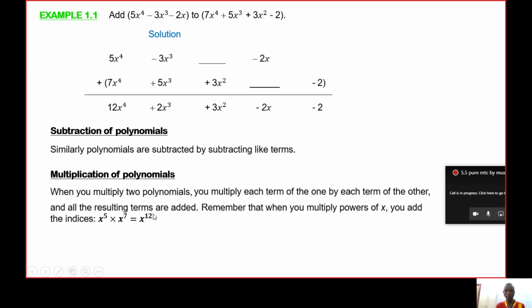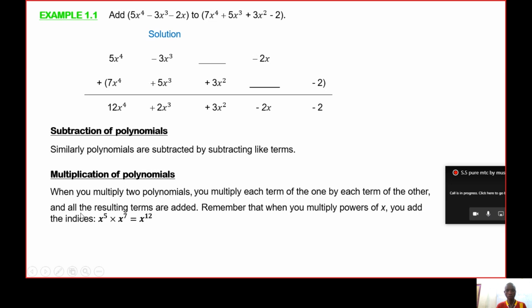So this is simply O-level work, which I'm trying to refer you to. Like you may have x power 5 times x power 7. The answer will be x power 12. How are we getting 12? By using the rule of indices. When you are multiplying, you simply add the powers.